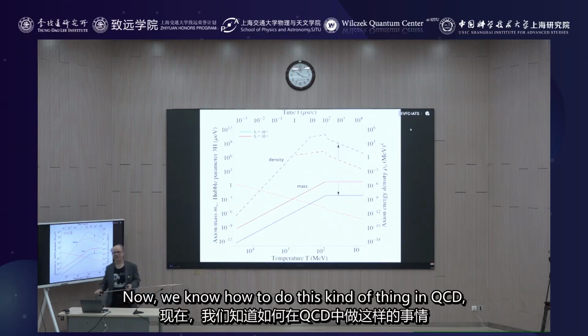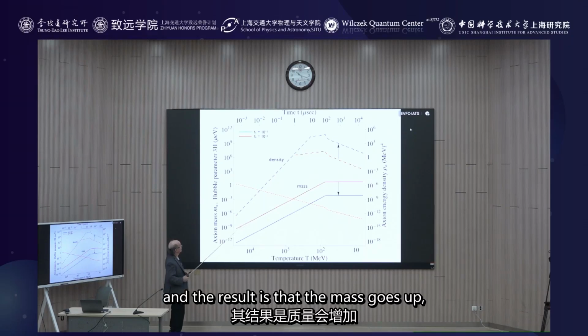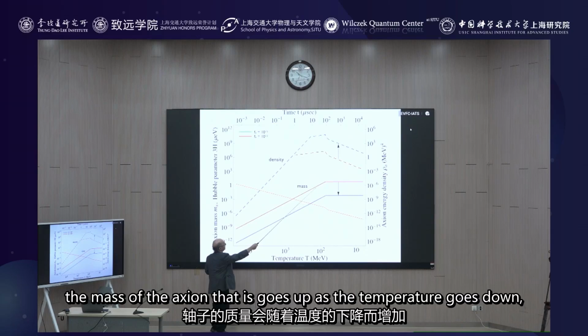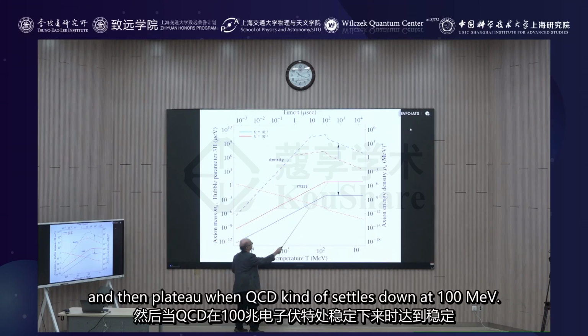Now we know how to do this kind of thing in QCD, and the result is that the mass of the axion goes up as the temperature goes down and then plateaus when QCD kind of settles down at 100 MeV.